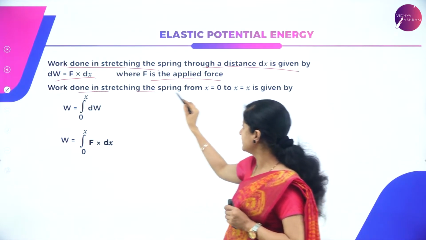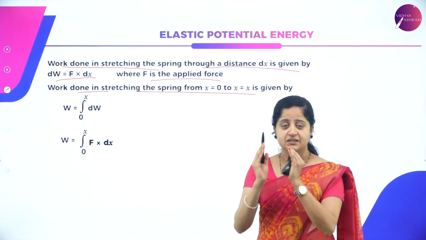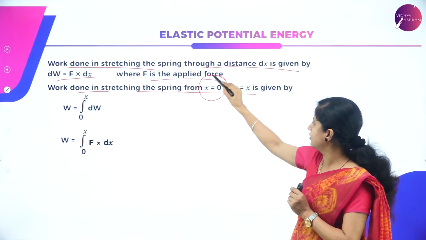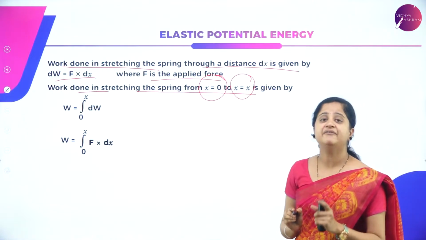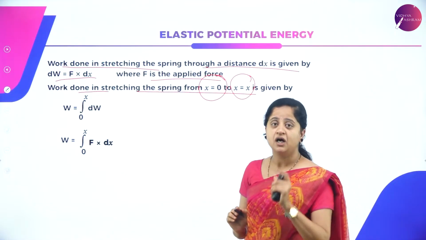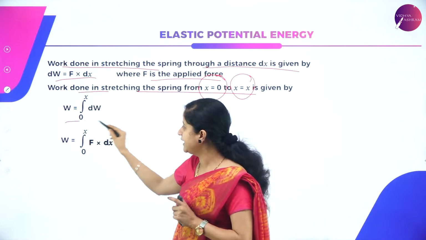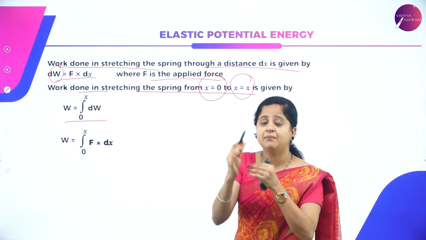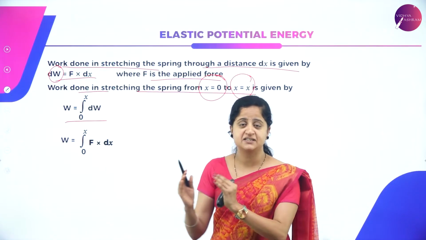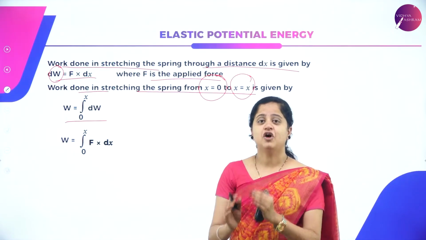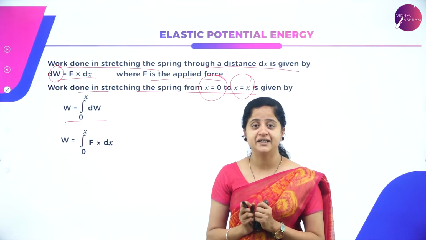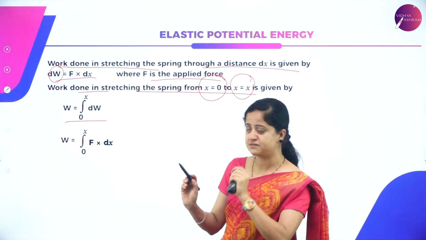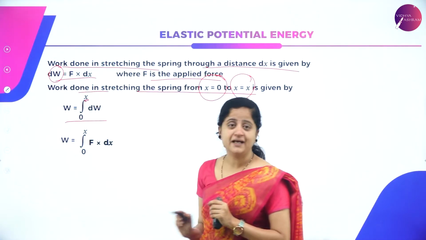Work done in stretching the spring from 0 to a distance of x: with the limits from 0 to x, we have to calculate the total work done. How to calculate it? By integrating dW. Integrating means summing up all the small work done, dW terms. From what limit to what limit? From x = 0, zero displacement, to the displacement x.